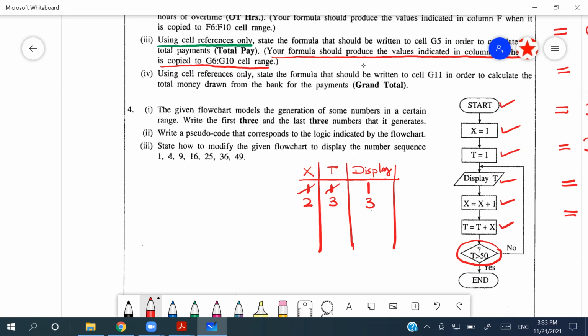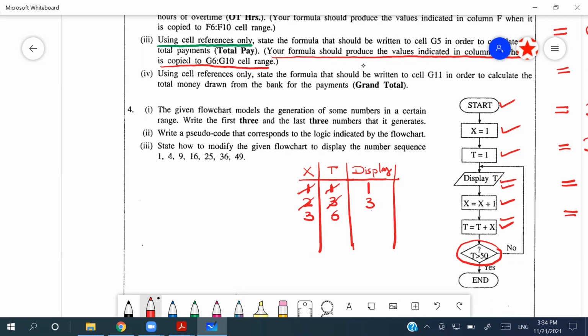Right. So then we have to see how it happens. It is asking about the first 3 and last 3 numbers. So let's continue the flowchart. Now display t has happened and x will be increased by 1, again, 3. t will be added with x, 3 plus 3 is 6.